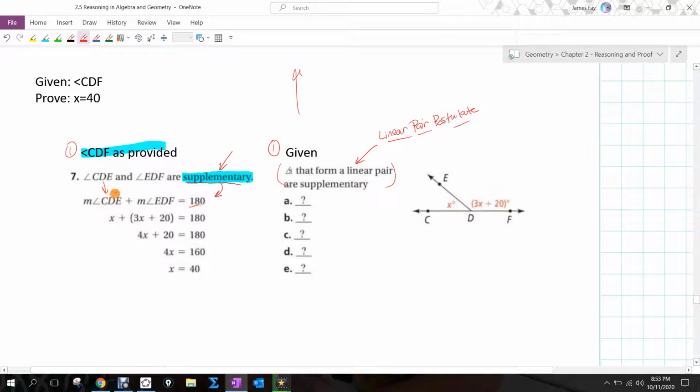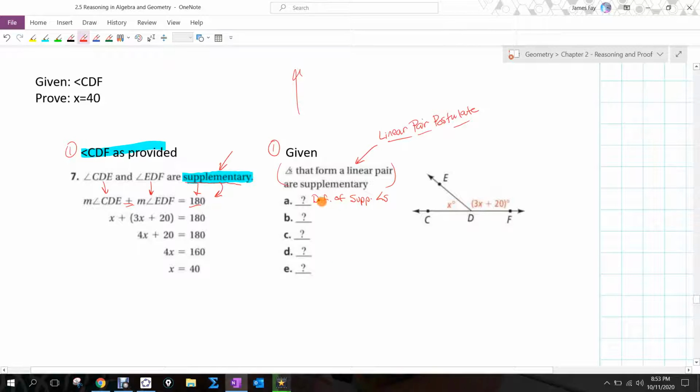So that's what we're seeing with those two angles. They're adding up to 180 degrees. Okay, so this English phrase is able to be converted now into something algebraic. The reason for that is the definition of supplementary angles.